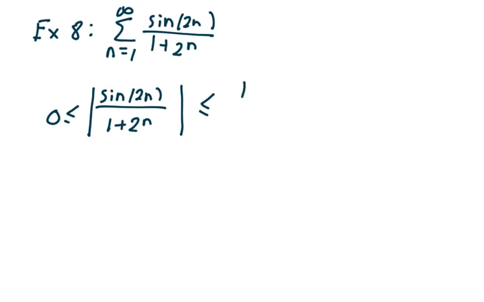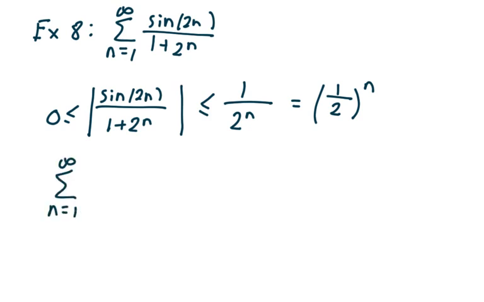The denominator, so let me back up. I can make that fraction less than or equal to 1 over 2 to the n, which is 1/2 raised to the n. Now, what do you know about the summation from n equals 1 to infinity of (1/2) to the n?